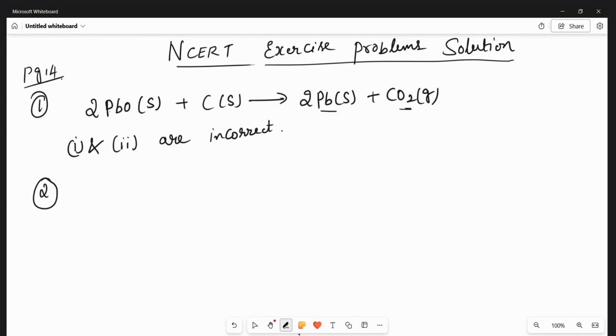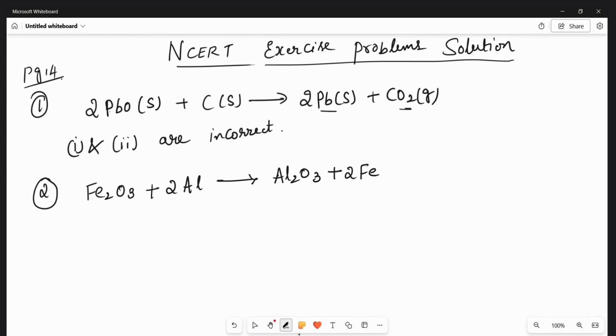Next one, Fe2O3 plus aluminium, we get Al2O3, aluminium oxide, plus iron. So what he is asking: the above reaction is an example of what type of reaction?